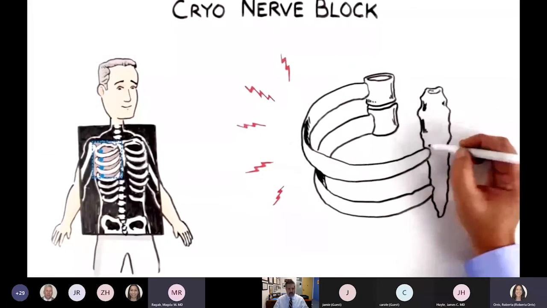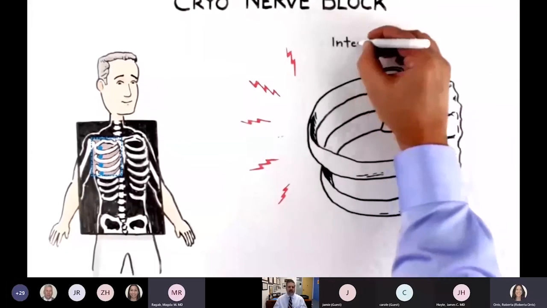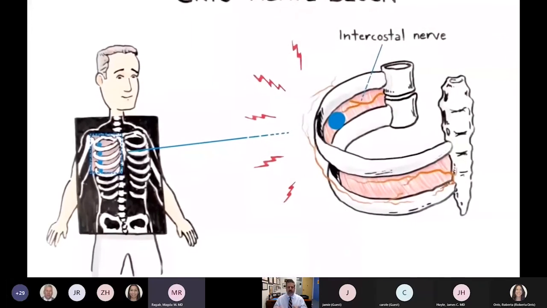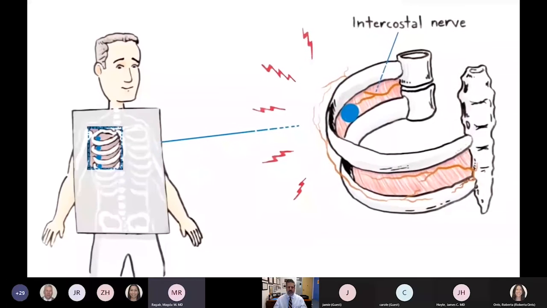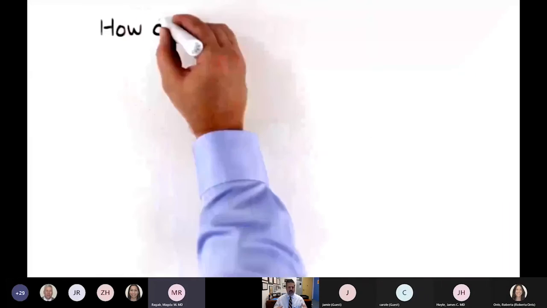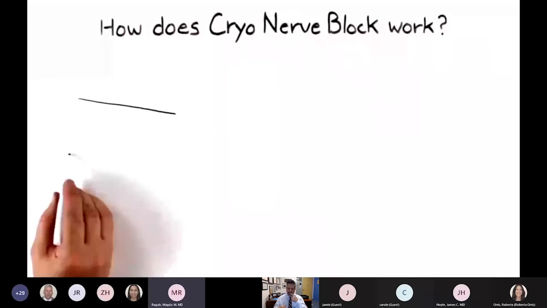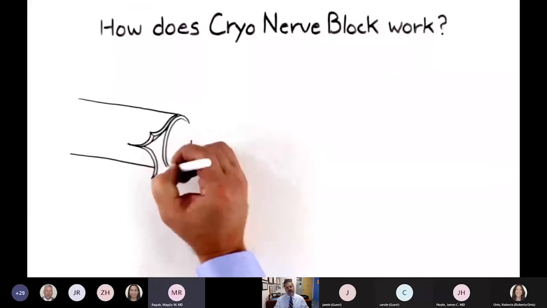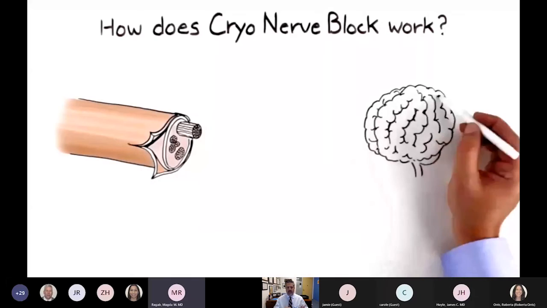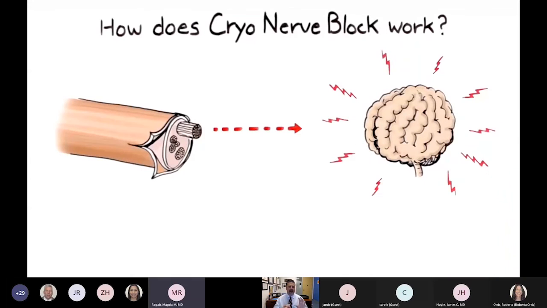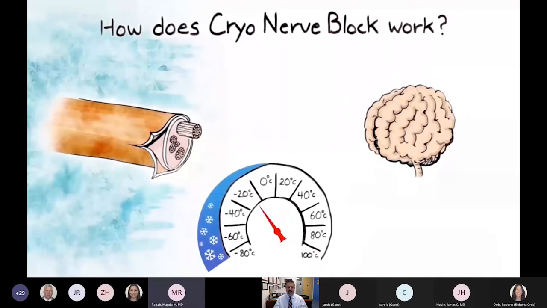Okay. So what it's saying is that the cryo nerve block helps us freeze the intercostal nerves, which are under each rib. And we actually do nerves 3 through 7 on both sides. What it's going to tell you here is that the nerve has an outer protective coating called the perineurium, and the nerve runs on the inside.